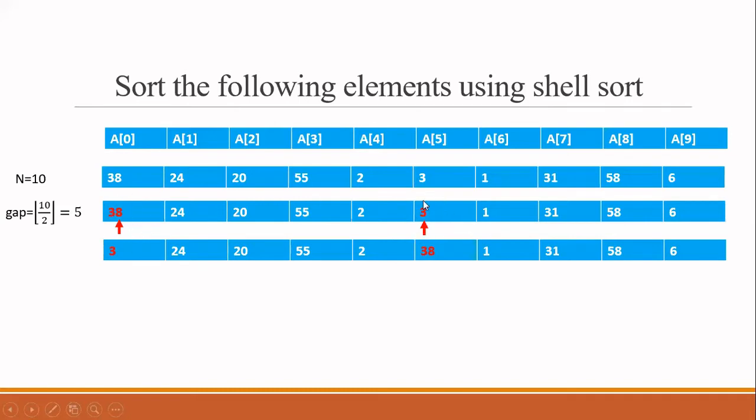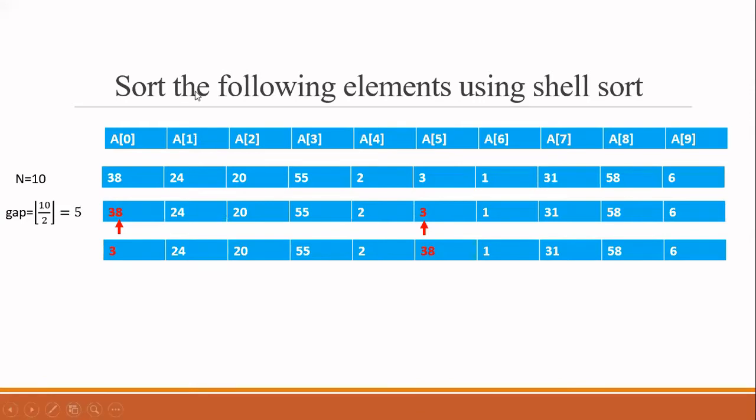We will set the second element first. For setting the second element, just take the array at A of the gap value. Here the gap is 5, so I am going to A of 5. Then where is my other element? This is the first element. To get the first element, from this A of 5, I will subtract the gap value, so A of 5 minus 5 is A of 0.